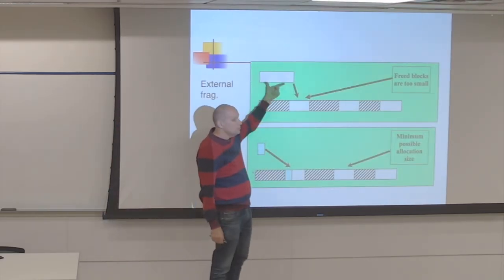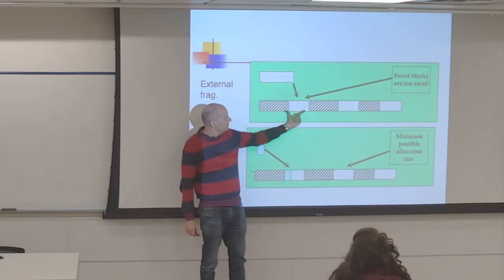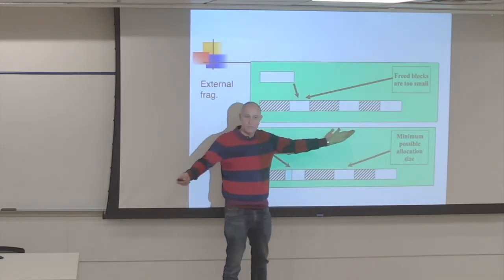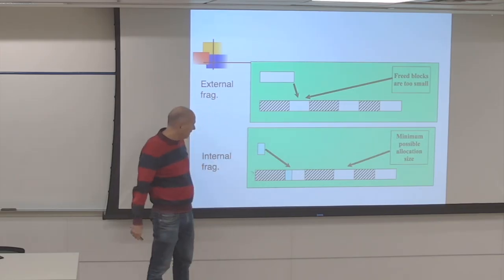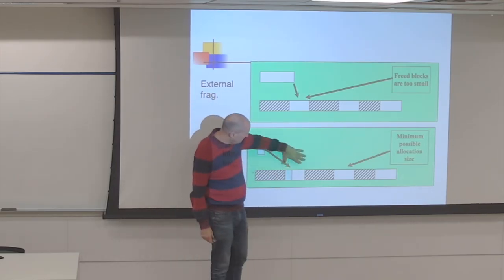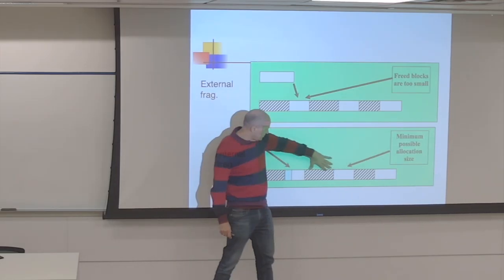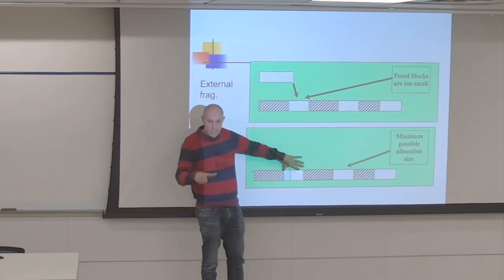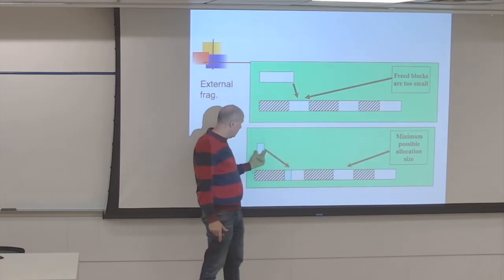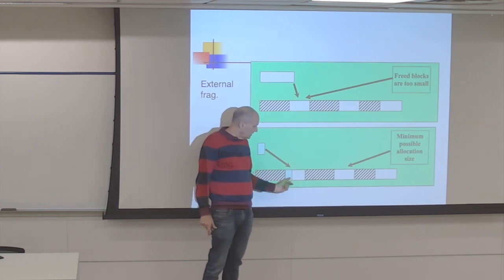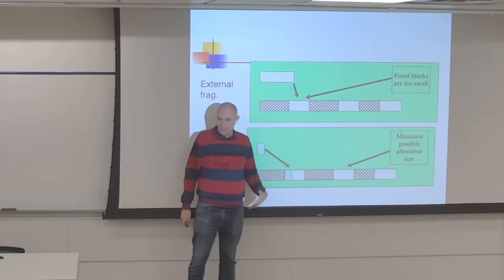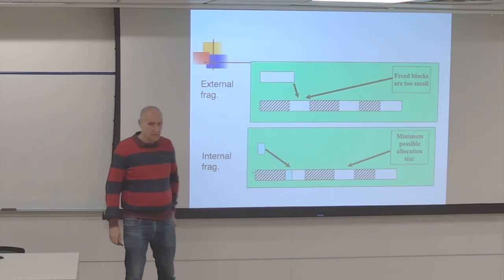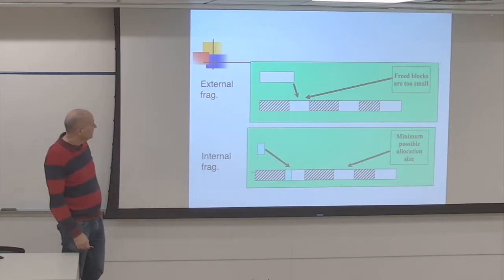If I want to allocate this larger object in these smaller holes, then fragmentation doesn't allow that. And if I have a minimum possible allocation size, maybe fixed-size spaces to allocate in, and then comes a smaller object, then I don't use some space. And this is also fragmentation. So this is internal fragmentation.